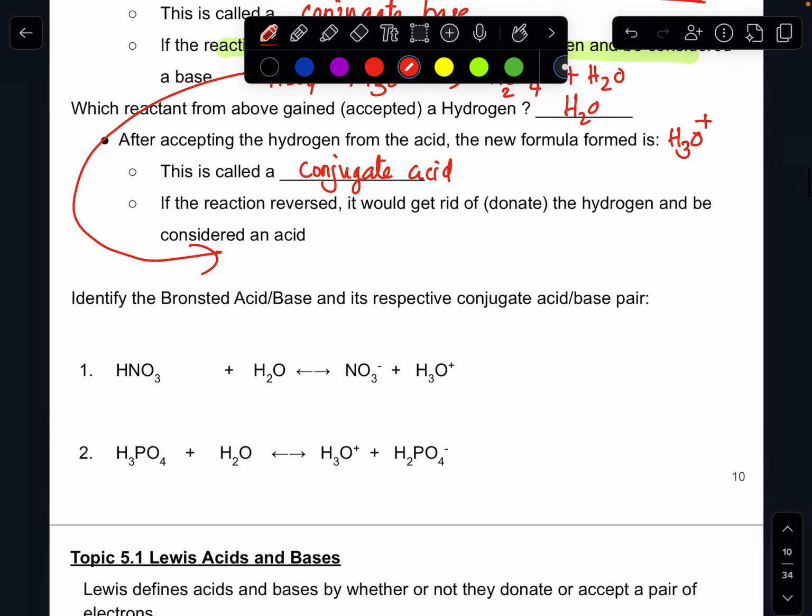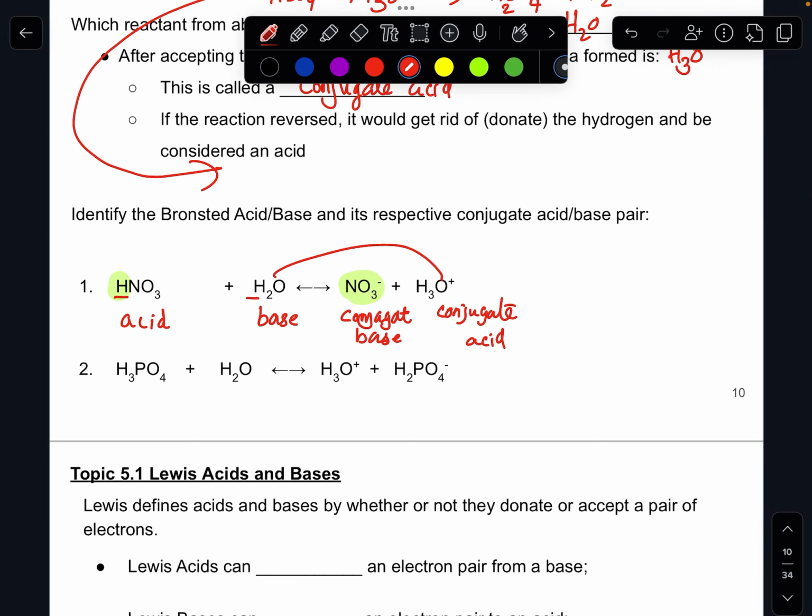Okay, let's practice. So there are two compounds starting with hydrogen. One is water, so I will write water as a base. This is an acid. After removing this hydrogen, it will form NO3 minus. So that is called the conjugate base. And this, after gaining H, will form a conjugate acid.